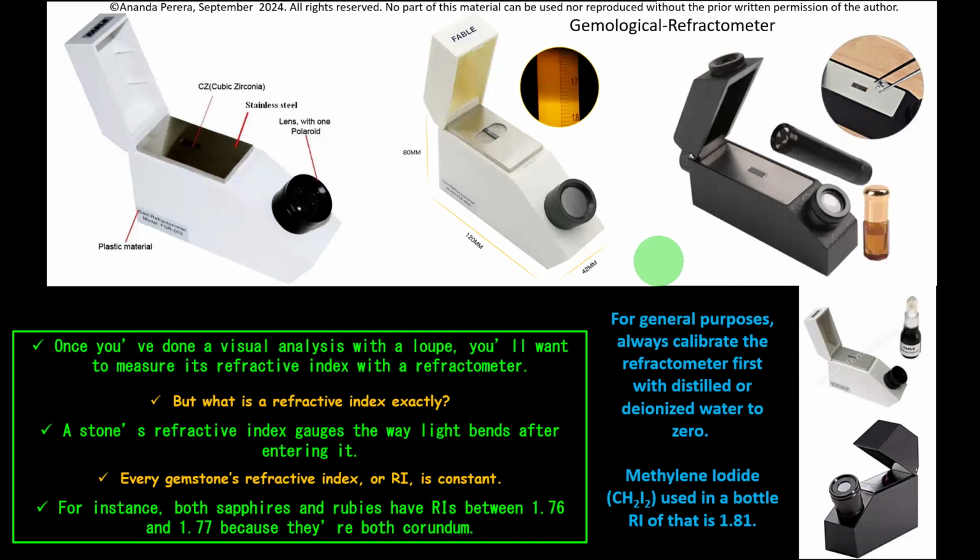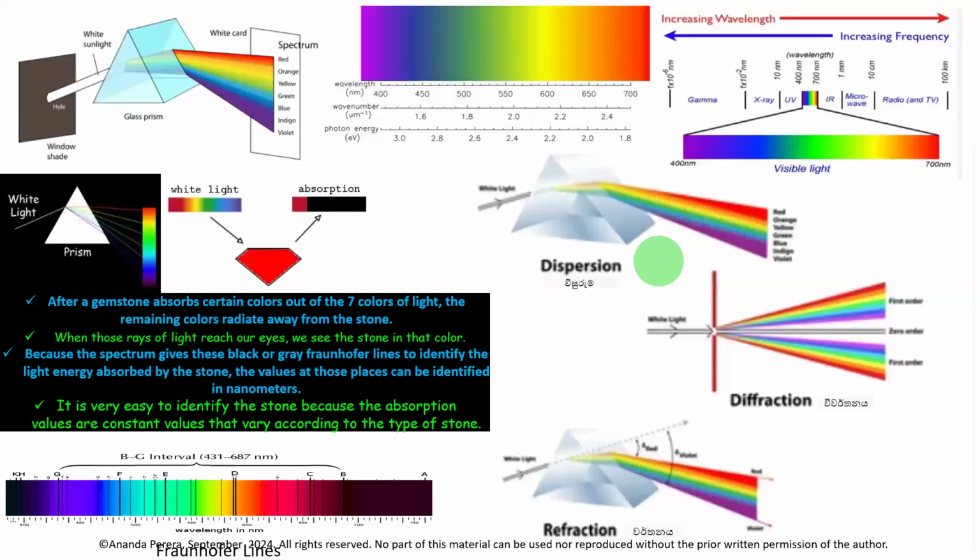So we learned the 10x triplet loop, the dichroscope, and here the refractometer. Now, what is this? You learn this in school, in O levels. When sunlight goes through the prism, it bends. The sunlight comes from air, and this prism is glass.